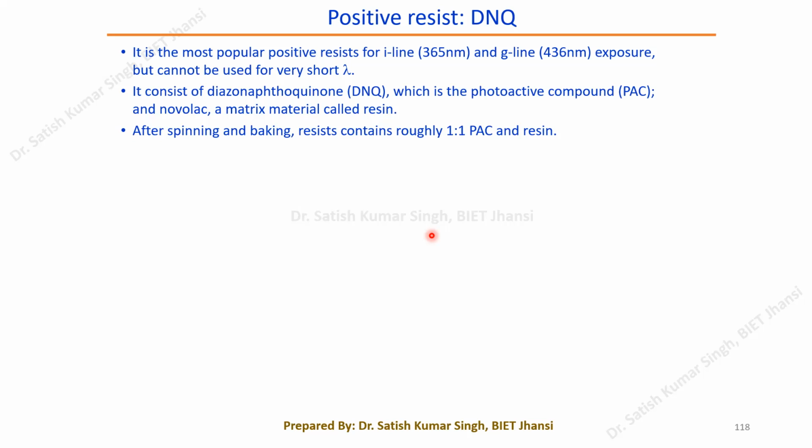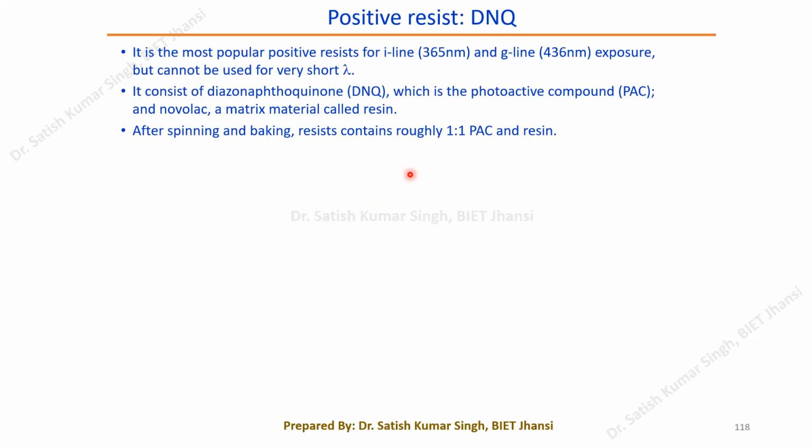Therefore, when a developer is applied to this photoresist, which has already been exposed to UV rays, the photoactive compound becomes dissolvable in the developer. It can be removed; it can easily dissolve in the water developer solution.